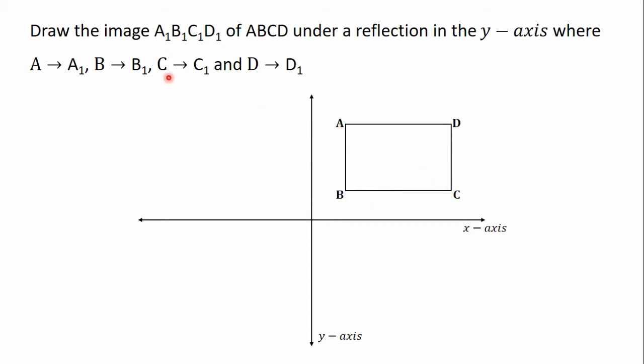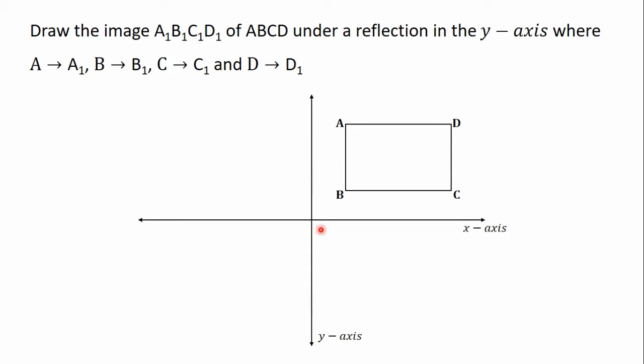In this part of the question, we are being asked to draw the image rectangle A1, B1, C1, D1 of ABCD under a reflection in the y-axis. What this means is that the question is asking us to draw the image rectangle when this rectangle ABCD is reflected using the y-axis as our mirror line.